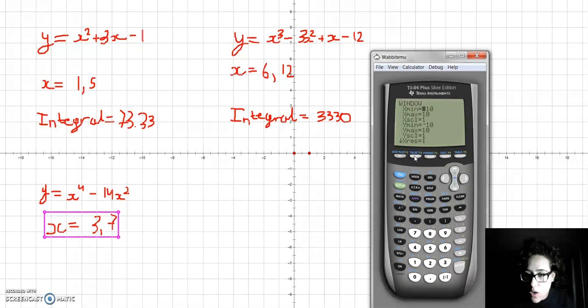And we're going to set our window. In order to set your window, you can either set it manually by going to window and then entering in x minimum, x maximum, and then your y minimum, y maximum, or we can just go over here to zoom and we can do zoom fit or 0. Just press enter.